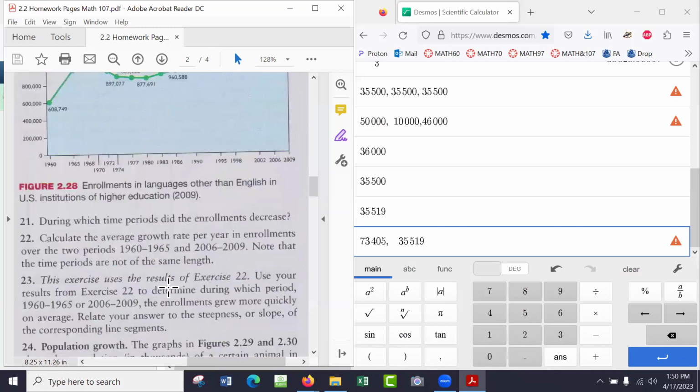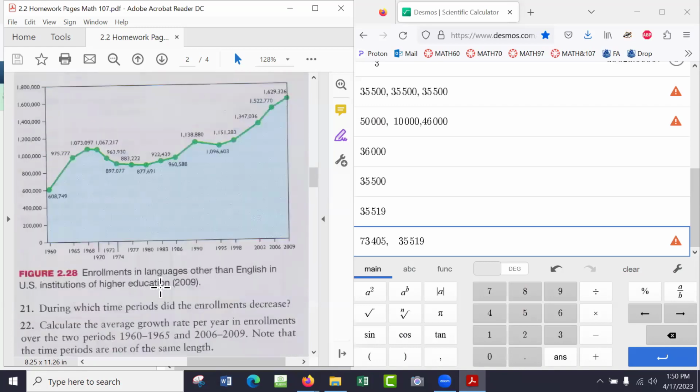Relate your answer to the steepness or slope of the corresponding line segments. Okay, let's look at the line, but see if you can answer this yourself. Press pause on the video. Okay, now I'm going to do it. This is the line segment, 60 to 65, right there. See that? Think about how steep that line is. Is that quite steep compared to the steepness of the line here?